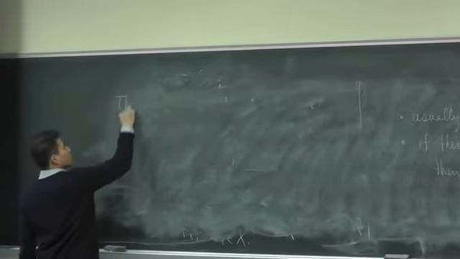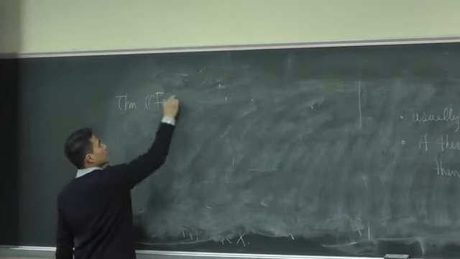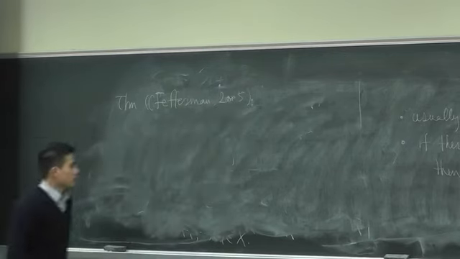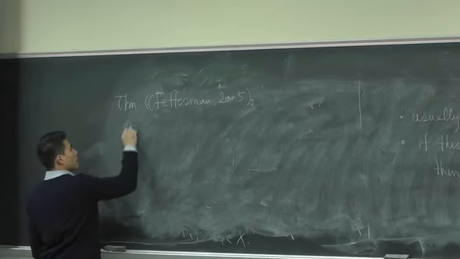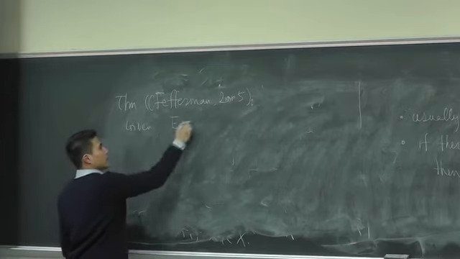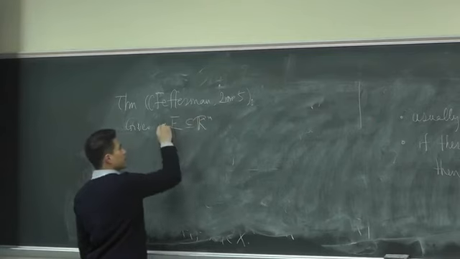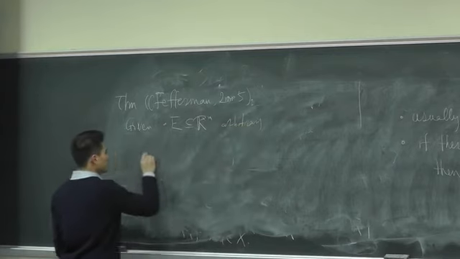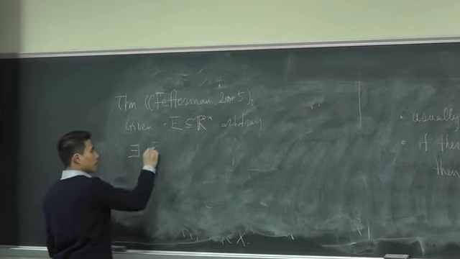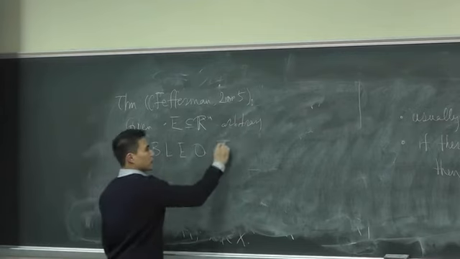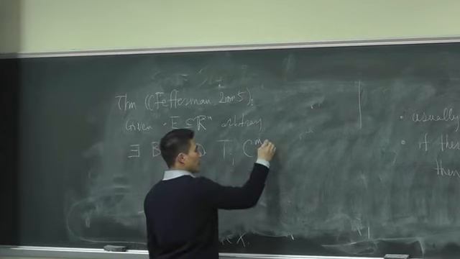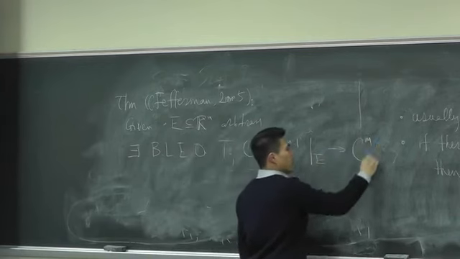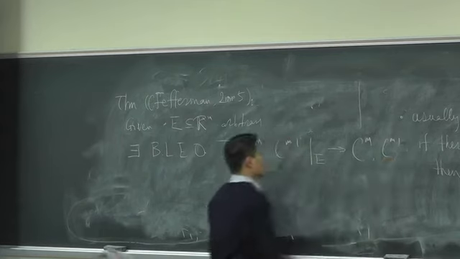So a result of Fefferman, 2005, says that for any set E in R^n, there exists a bounded linear extension operator from C^m and C^{m,1} of E into C^m and C^{m,1} respectively.